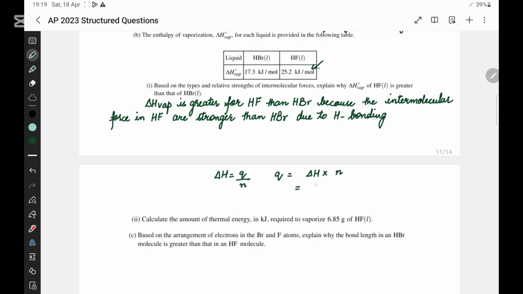Enthalpy of vaporization is 25.2 kilojoule per mole, and the moles of HF is mass over Mr, that is 6.85 over the Mr of HF, which is 20.01. So we multiply 25.2 by 6.85 over 20.01, which are the number of moles, and the answer comes out to be 8.63 kilojoules.